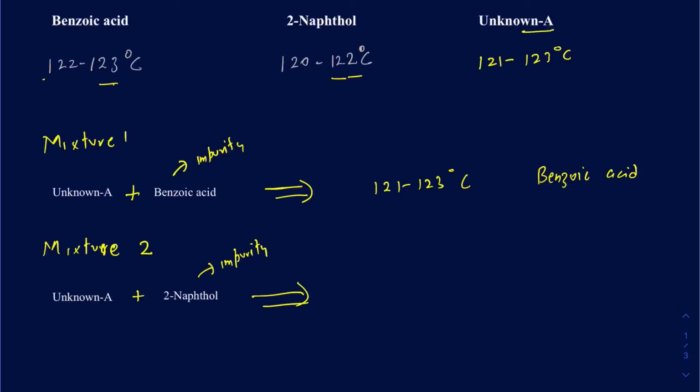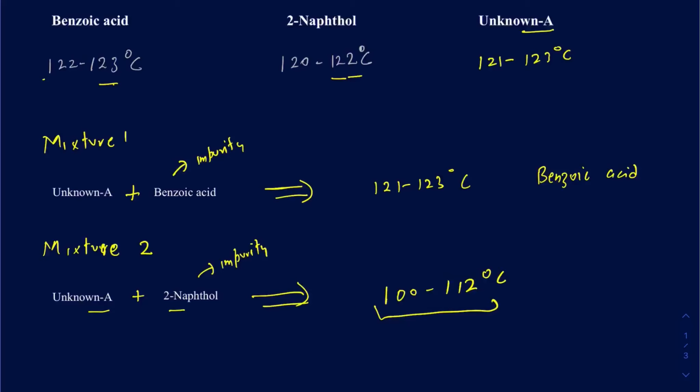When you mix those up and take the melting point, if your unknown A was indeed benzoic acid, the melting point of mixture 2 is going to be a very broad range. It could be something like 100 to 112 degrees Celsius. That tells you that unknown A and 2-naphthol are not the same molecules, because first you have broadened the range, and second you have lowered the melting point.